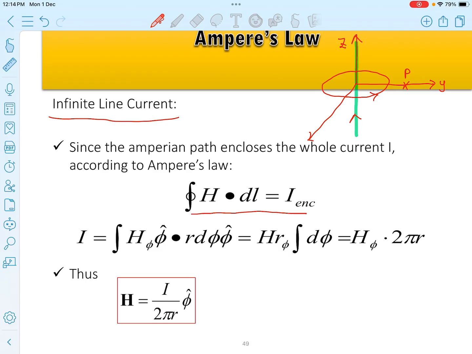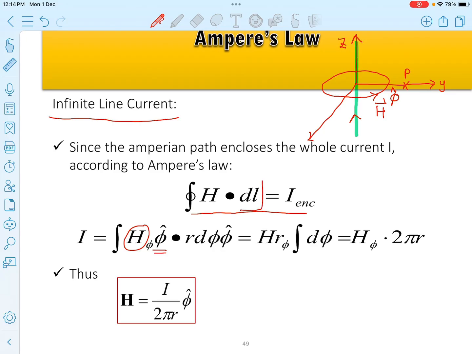If we integrate the magnetic field in a closed loop, we need to write down the magnitude of the magnetic field and its direction. This one represents the direction, the phi direction, if we use the cylindrical coordinate.